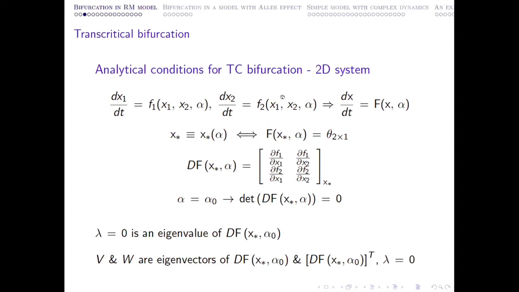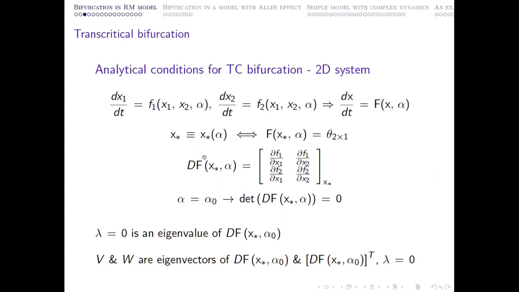So additional calculations are, if you have a system like this, so let us think about it in a general format, and this alpha is in no way related to the alpha that I have mentioned in the previous slide. This is just a general system where alpha is the parameter. So then if you try to find out the equilibrium point, then you can find x* as a function of this parameter by solving this equation f(x*, alpha) equal to 0, a 2 cross 1 zero vector.